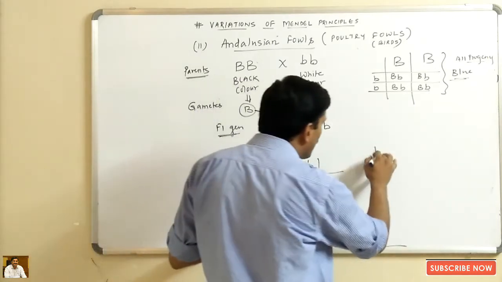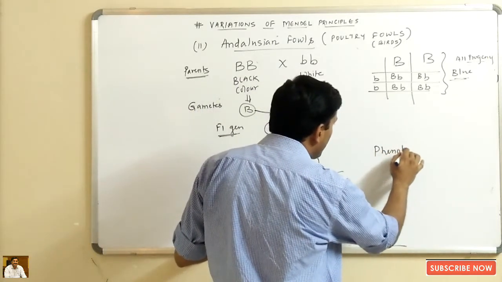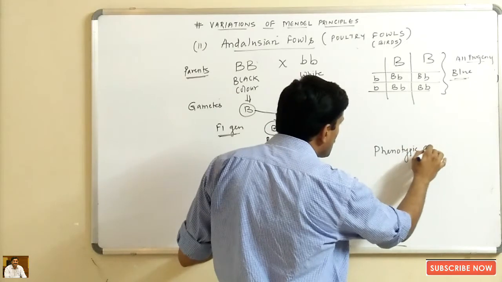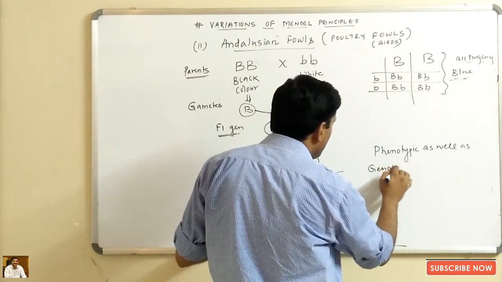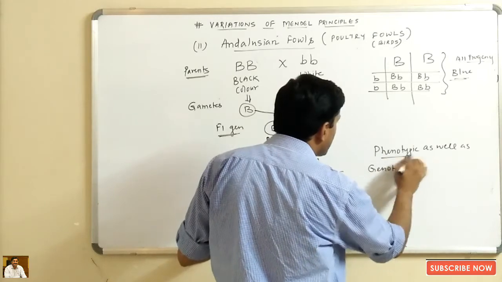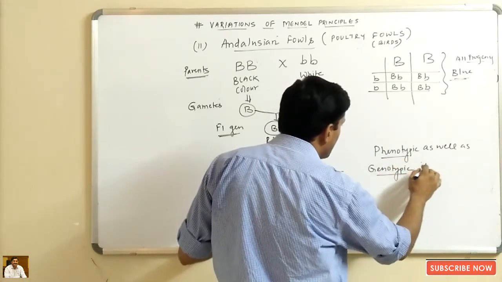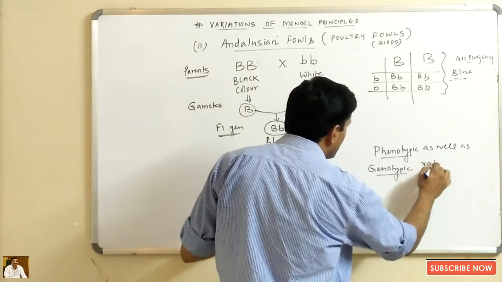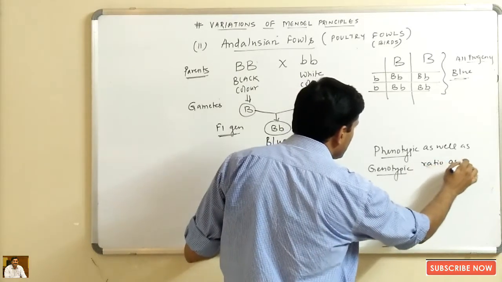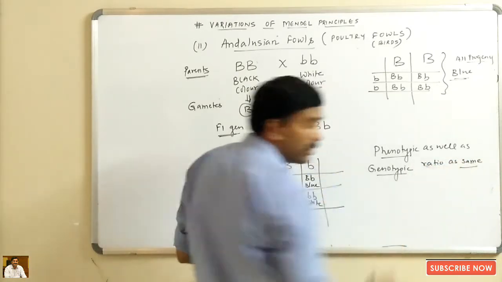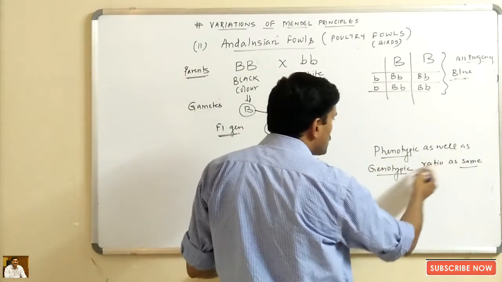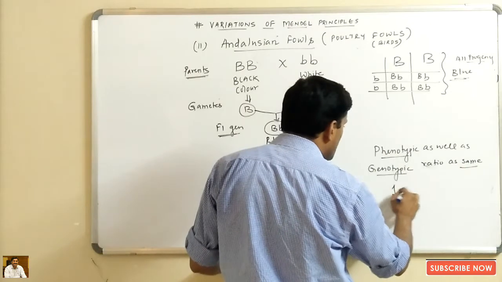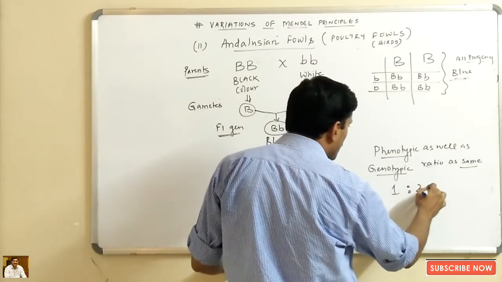Here also you can see that the phenotypic as well as the genotypic ratio is the same, just as what we got in Mirabilis jalapa. The phenotypic as well as the genotypic ratio is 1:2:1.